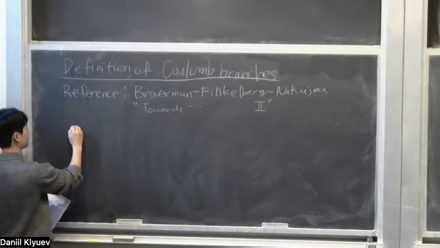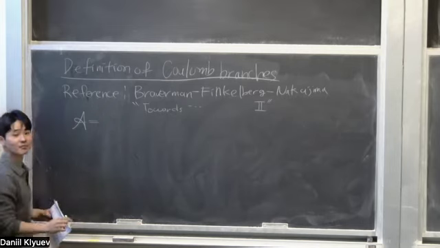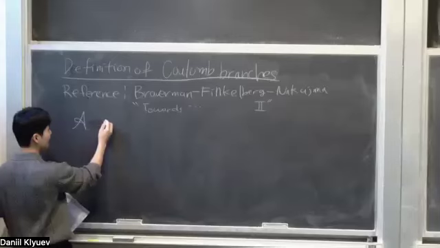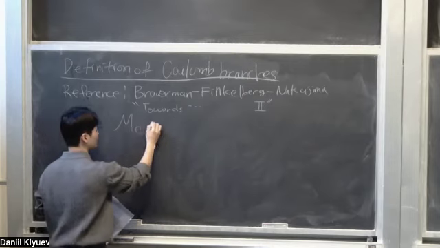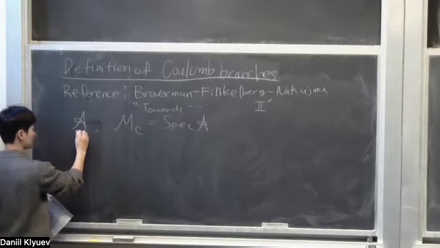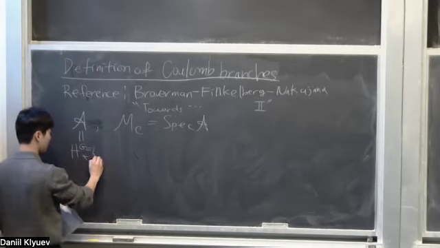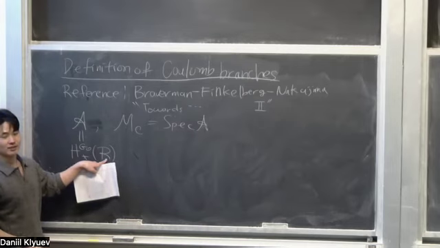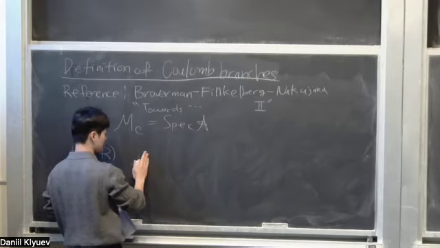Maybe let me just orient ourselves. We want to define some ring, which will be a commutative ring A, and we want to define the Coulomb branch as just Spec of A. So what is this ring? It's going to be some equivariant Borel-Moore homology of this geometric thing, which they call a variety of triples.